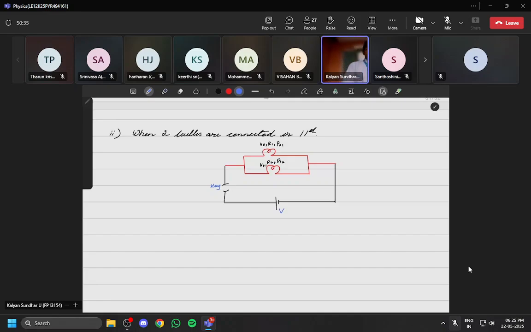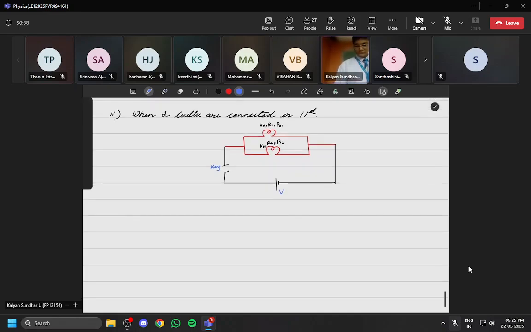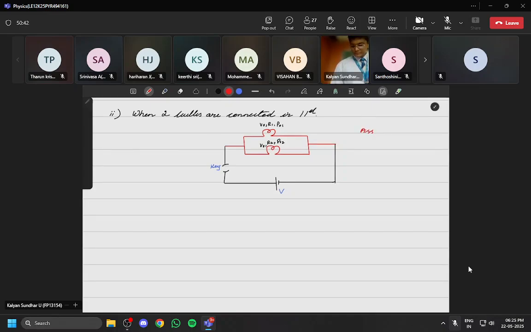Now here also the same thing. என்ன பண்ணுவேன்? First let us assume that your power standard rating of first bulb is greater than standard rating of the second bulb, right? அங்க வந்து யாரு flow ஆனா, that will be of in terms of the current will be flowing there.